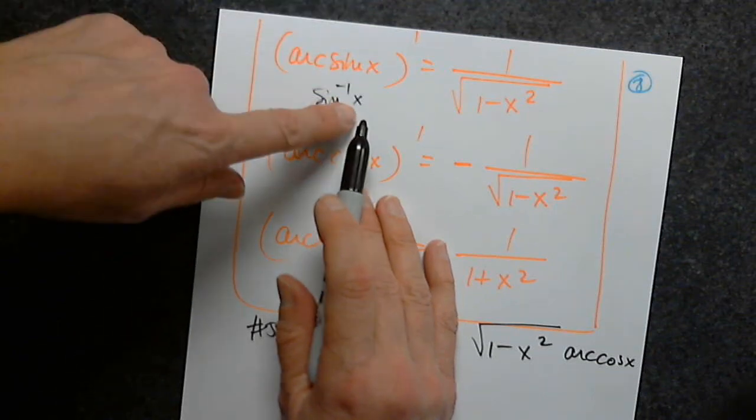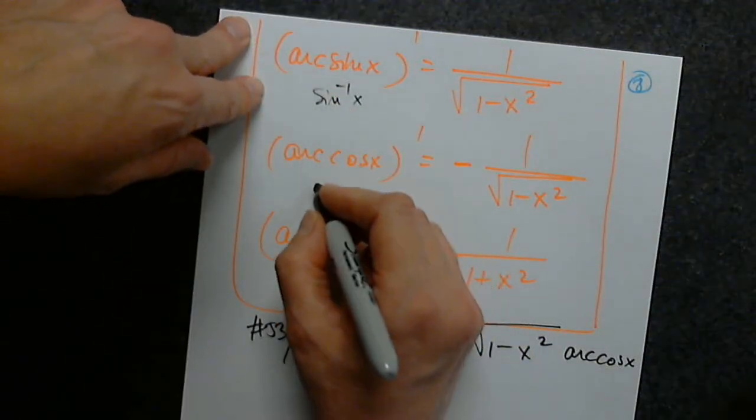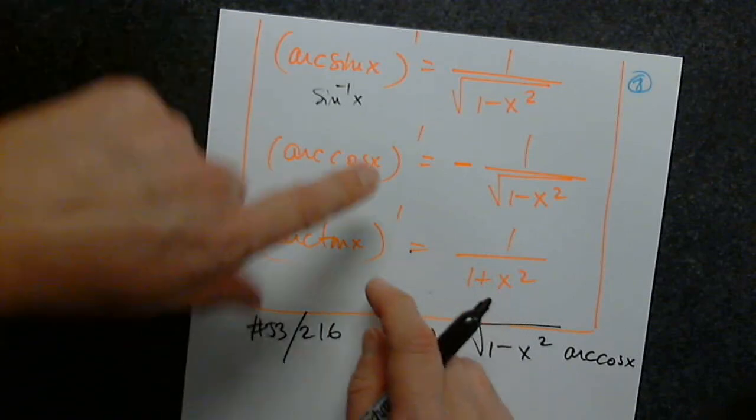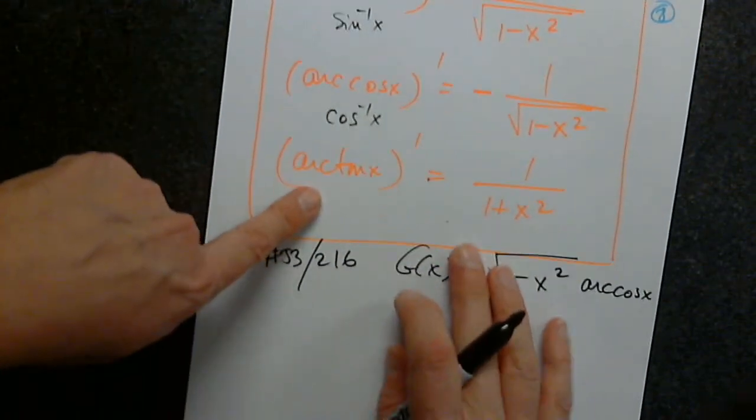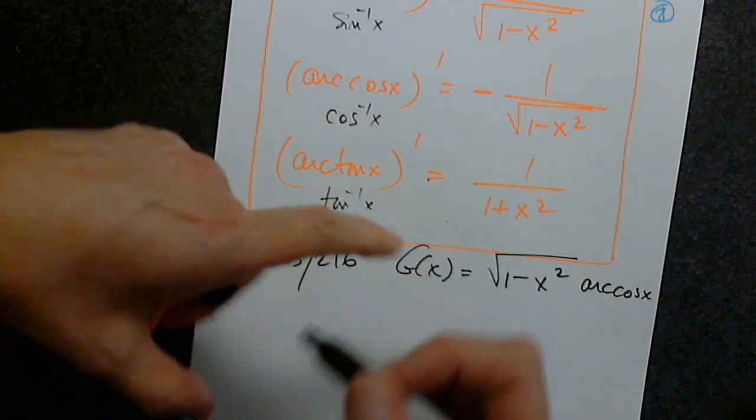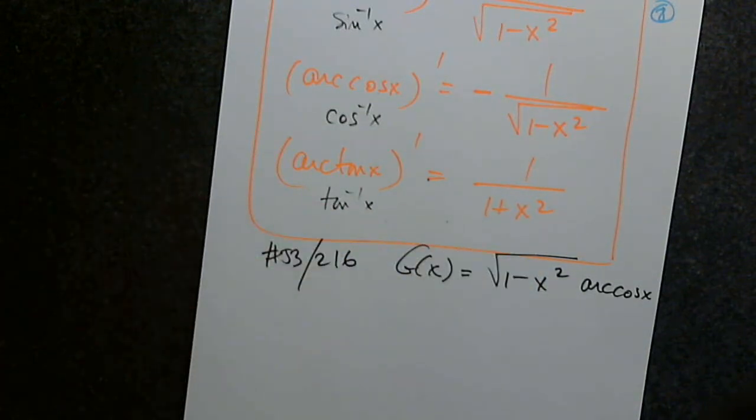It's just the inverse function of sine. The same thing is cosine inverse, which does not mean 1 over cosine. It's arc cosine. And of course, for this one, tangent inverse. I prefer arc sine, arc cosine, and arc tangent because it's easier for me to type. I don't have to put a power, right?